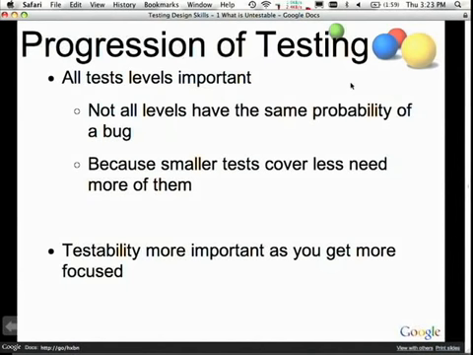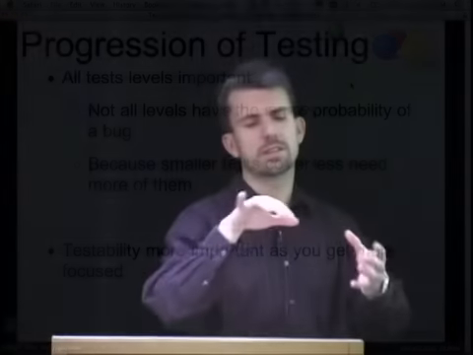So all of these different levels, as I said, are important because you have different probabilities that you're going to find a bug. But they're different kinds. Unit testing is all about, does it do the right thing? Whereas at the other extreme is, is it hooked up properly? And then everything in the middle, the medium tests, test a little bit of both.